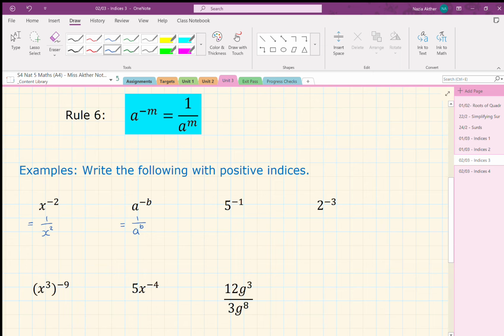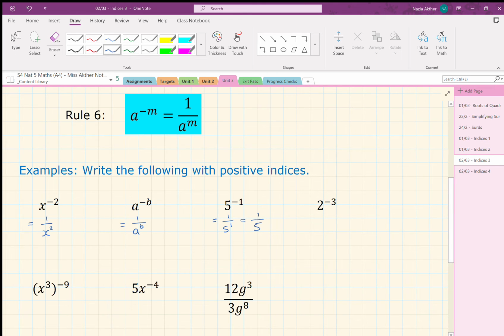In my next example, I've got 5 to the power of negative 1. That would become 1 over 5 to the power of 1. And we know that anything to the power of 1 is itself from rule number 5 in your course notes. So then that is the same as 1 over 5.